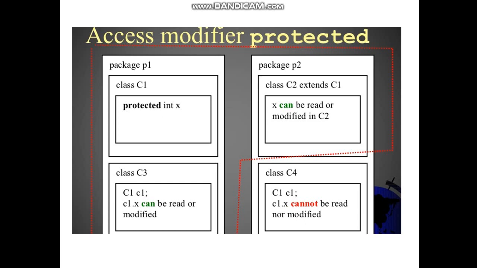That means if you have a package P2 which has a class C2 that extends C1, provided package P2 imports the package P1, then in the class C2 you can use the variable X because I have defined the access specifier as protected. So if you are defining the keyword protected, that means the particular variable can be accessed within all the classes and subclasses within the same package, as well as any subclass that is defined within any other package.